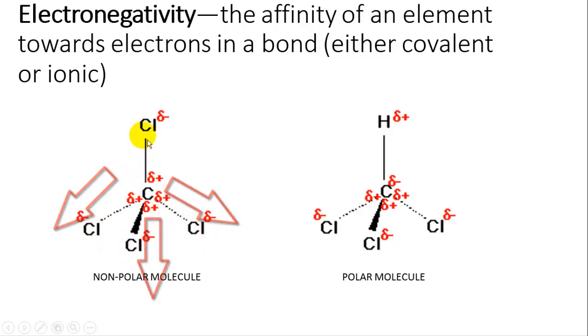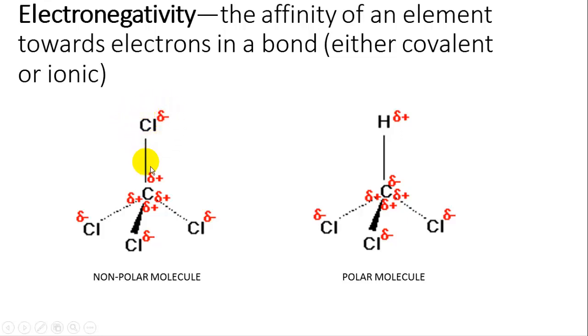So this is a covalent bond, but I would say that it's a covalent bond with unequal sharing. Because chlorine is an electronegative element, it's pulling electron density upwards. Likewise, these three chlorine substituents are pulling electron density towards themselves. So within carbon tetrachloride, CCl4, you have regions that are partially negative and regions that are partially positive.